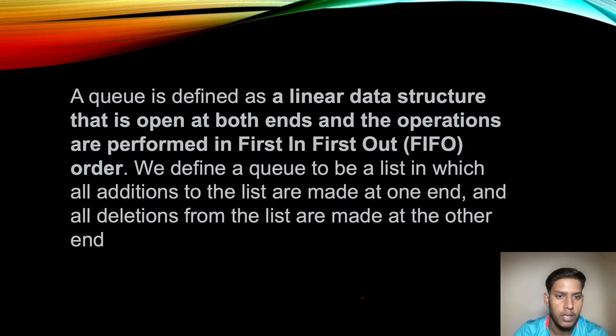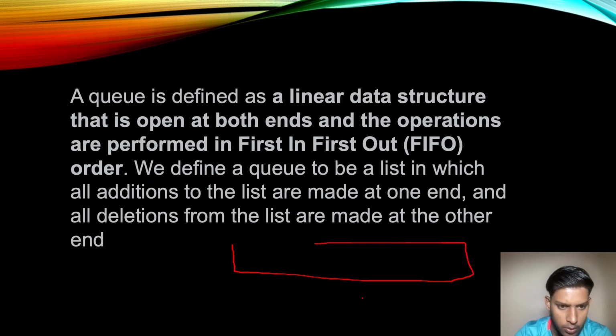We define a queue to be a list in which all additions to the list are made at one end and all the deletions from the list are made at the other end. That is a queue list.